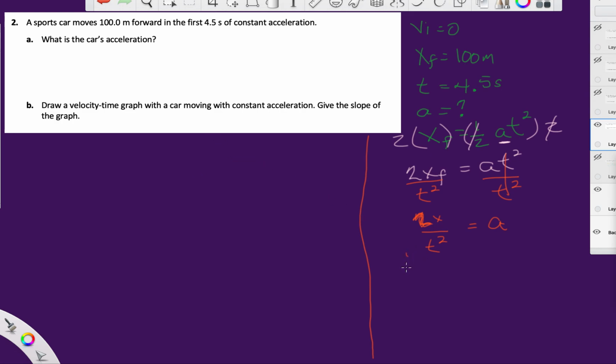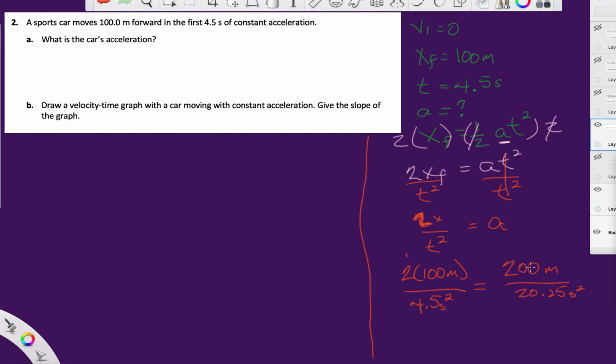2 times 100 meters divided by 4.5 squared is equal to 200 meters over 20.25 seconds squared.